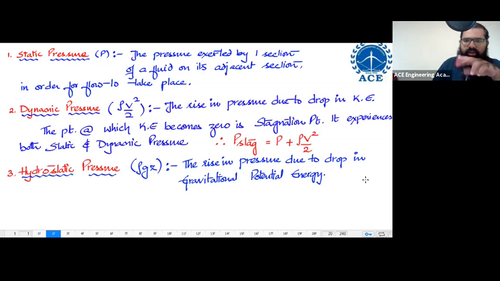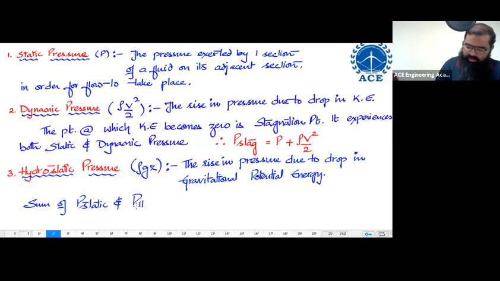The sum of static and hydrostatic pressure is going to be equal to what? Piezometric pressure. The sum of P static and P hydrostatic is P piezometric pressure, which is represented by P with a star.